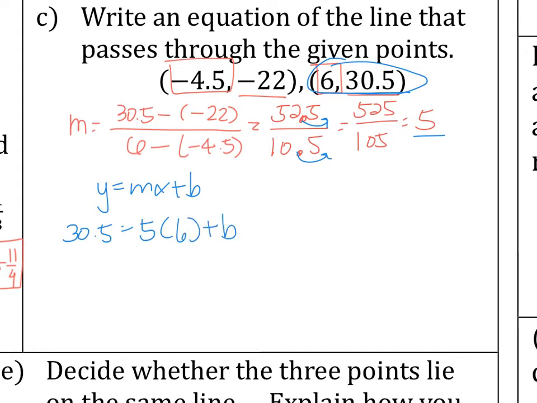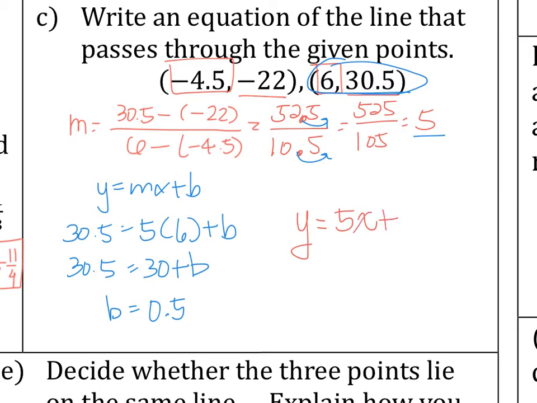Okay. And then 30.5 equals 30 plus b. And if you subtract 30 from both sides, you get b equaling 0.5. And now y would equal 5x plus 0.5.